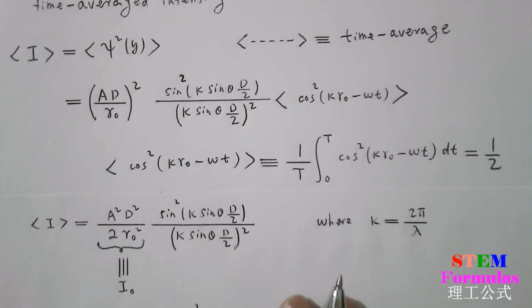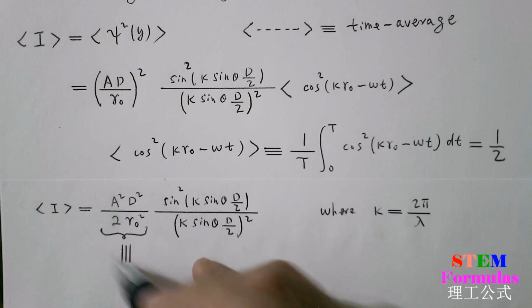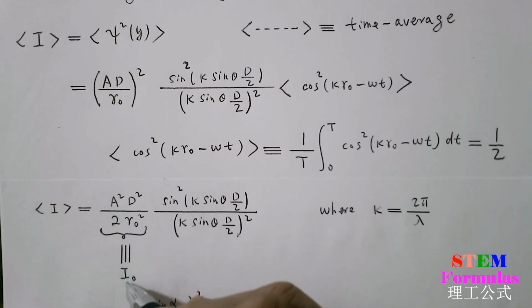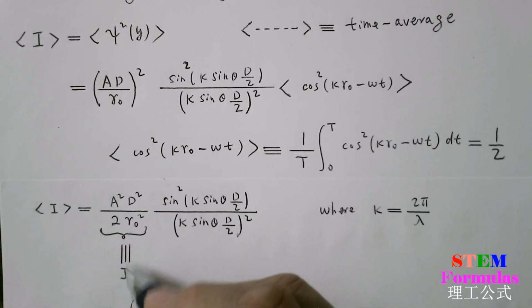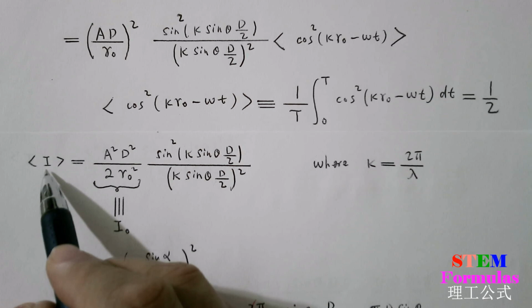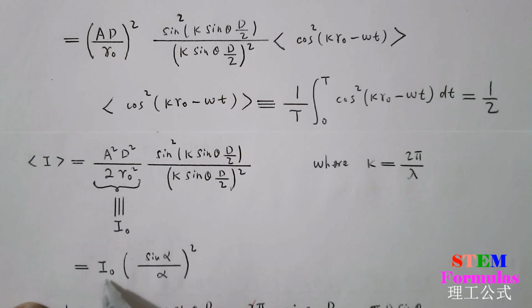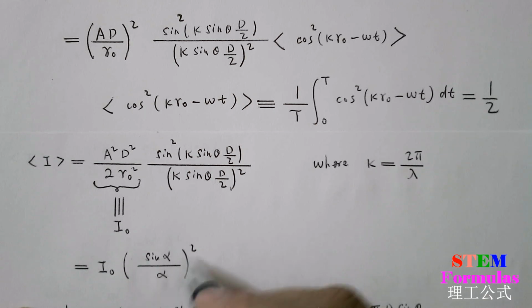Now I define this whole factor in the front as I0. Therefore, I at any angle equals I0 times sine alpha divided by alpha, squared.